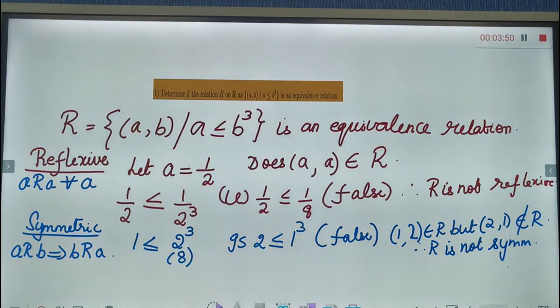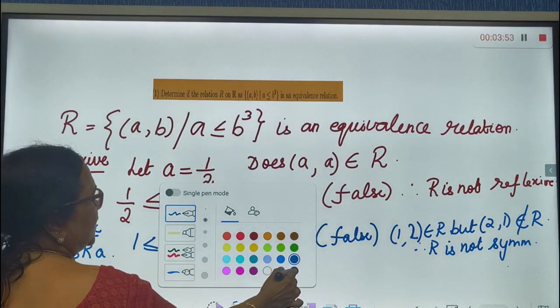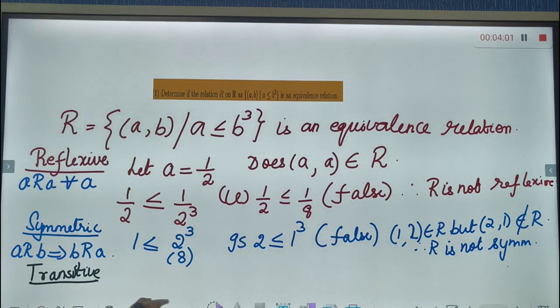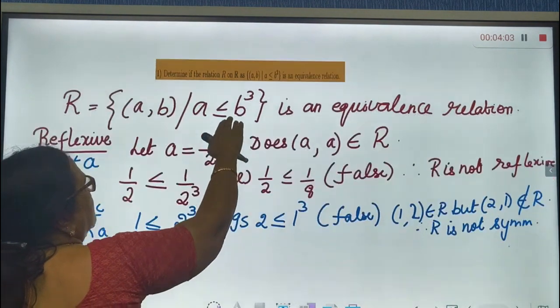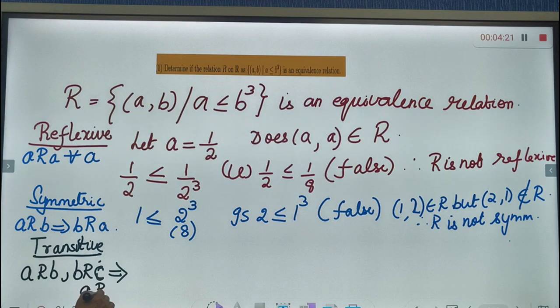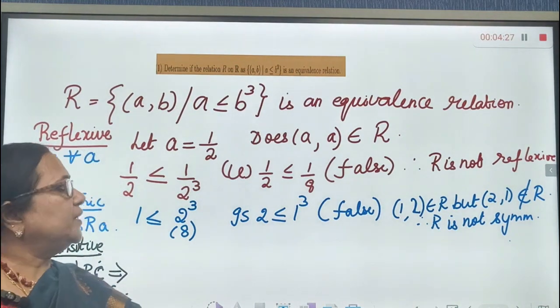The third property that we are going to check is whether it is transitive. So how do you check transitivity? a is related to b and b is related to c should imply a is related to c. Even if it fails for one example, then the statement is not true.